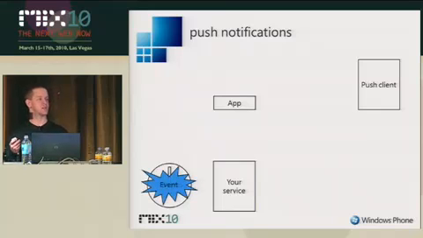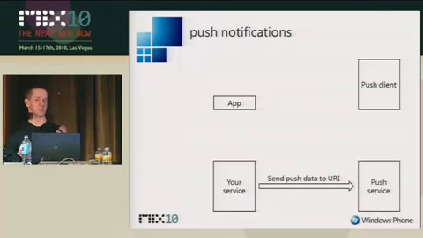So what happens is your service takes that data that's interesting to the user and just posts it to that URI it got before. So there's no secret sauce, there's no special protocols, there's nothing magic happening. It's just an HTTP post to the URI we gave you and an XML schema that says, here's the data. That's all you do. So if you have an existing application that uses kind of a webhooks model to talk to other services, great. Works on Windows Phone, super easy.